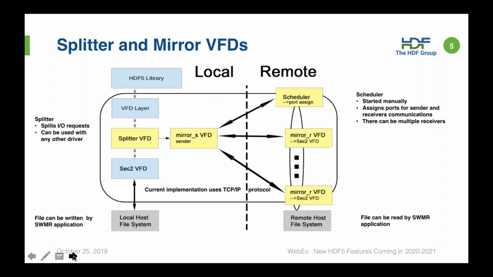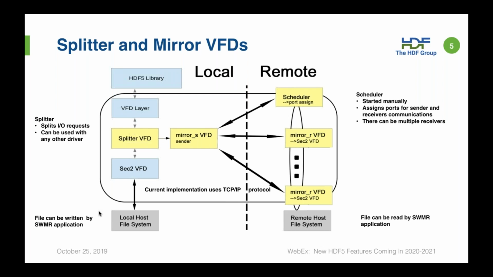the design of the feature. Okay, so mirror VFD is really pretty simple. You can see in the diagram here. We've taken our existing VFD stack and inserted an extra splitter VFD, which takes all writes and copies them over to the mirror VFD sender.